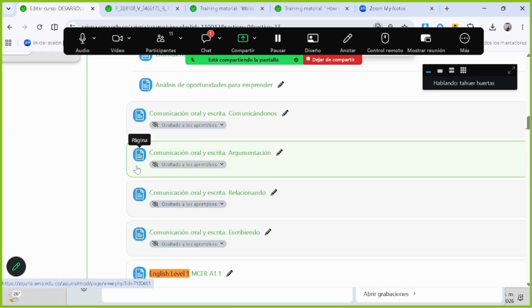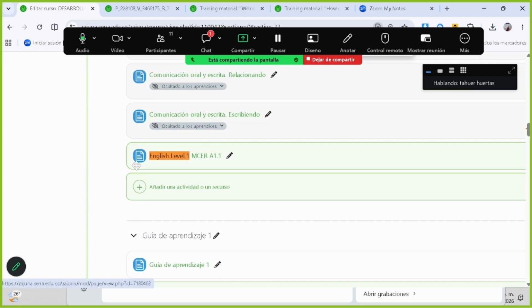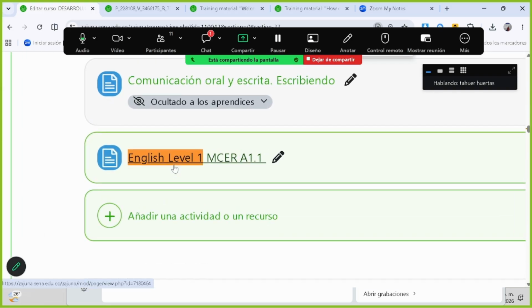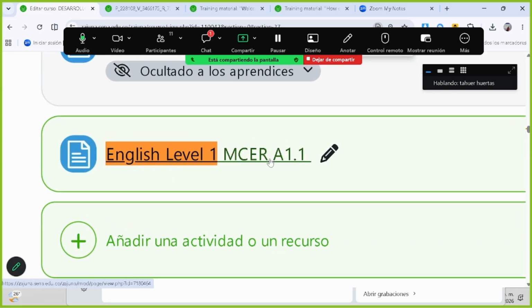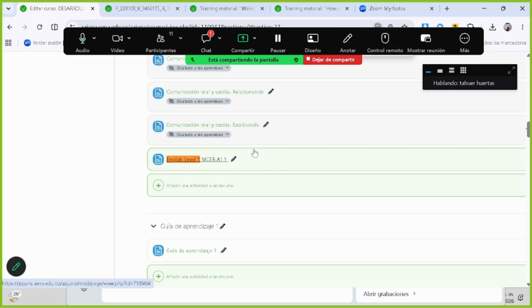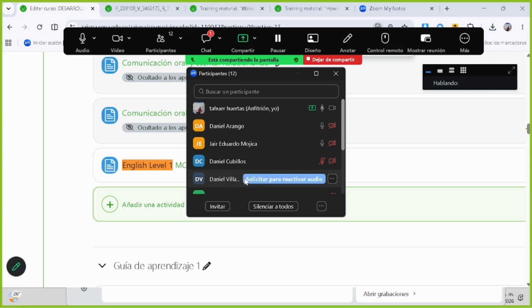Okay, and then you roll to the last part, the last link, English level MCER A1.1. Let me know if you can see this part in your Sahuna. Yes, Daniel, Javier. Yes, teacher.